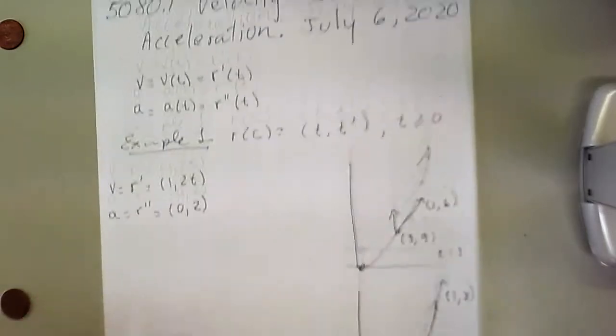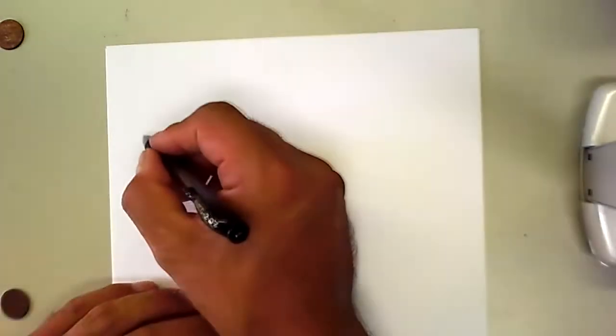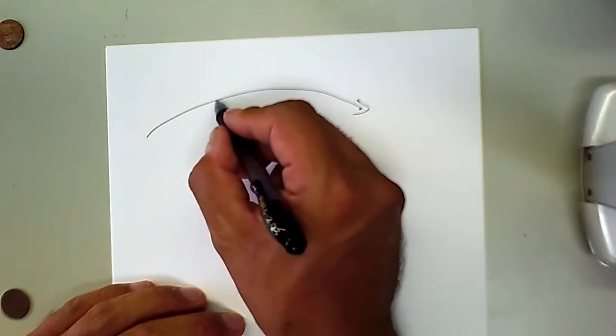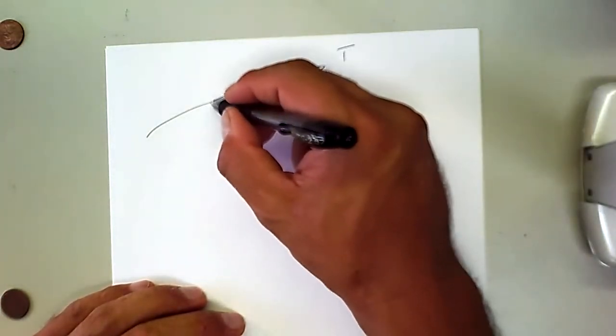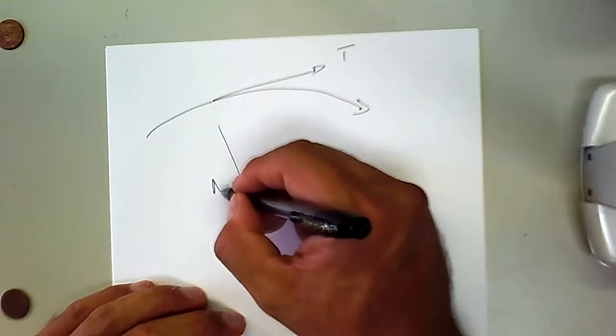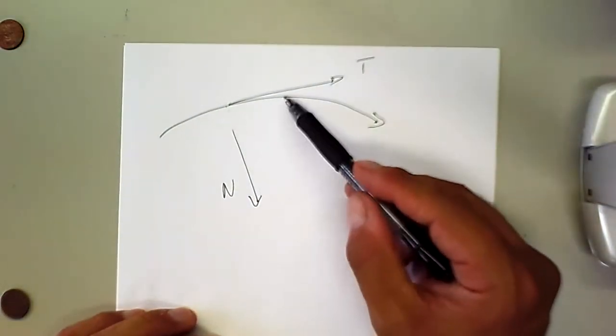So this is the end of example 1. One thing we want to concern ourselves with is, which way is the acceleration going? Is it going up, down, relative to the curve? So if you have a curve, you have your tangent unit vector, your normal unit vector, and the question is, how is the acceleration behaving relative to those?